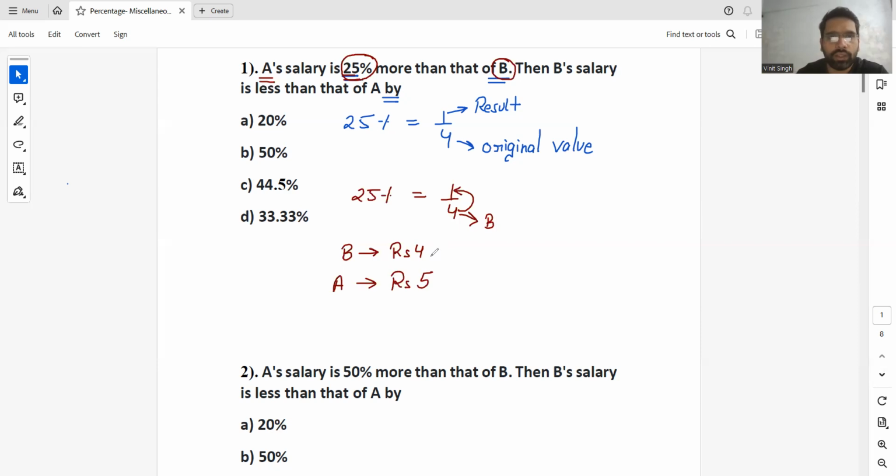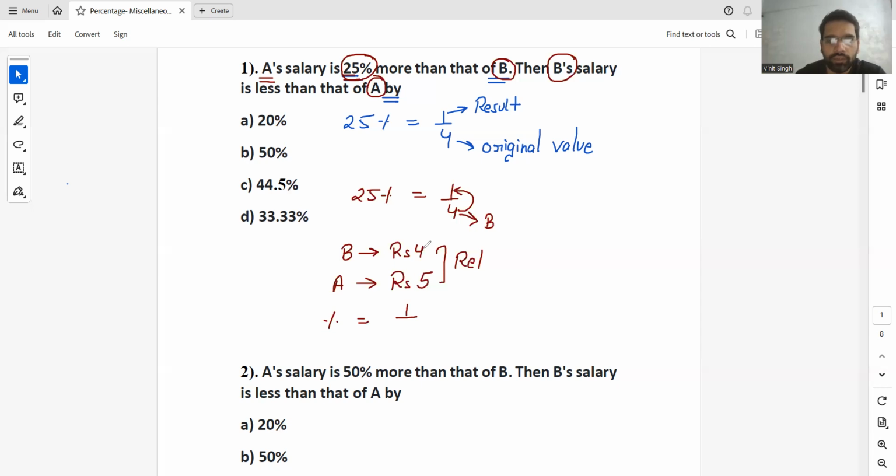Clear? Now in this case, B earned how much percent less than A? So B earned rupee 1 less than A. So in percentage, we will write 1 upon... now here, we have to find how much percent less B earned than A. So we are comparing the earning of B with respect to A. Clear? Whether it is increasing or decreasing.